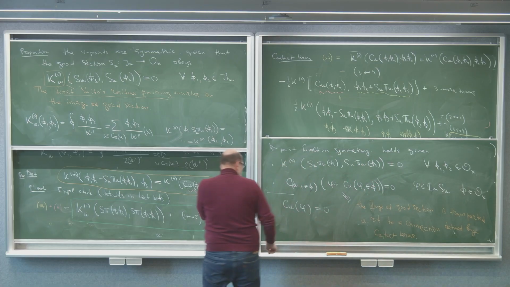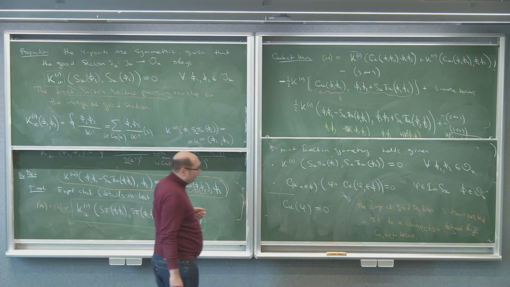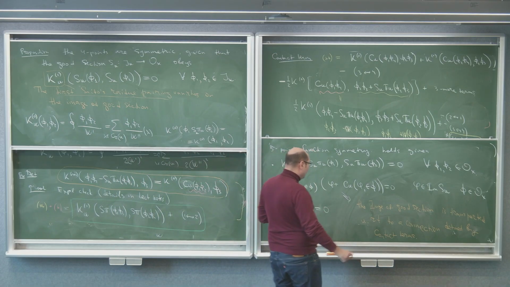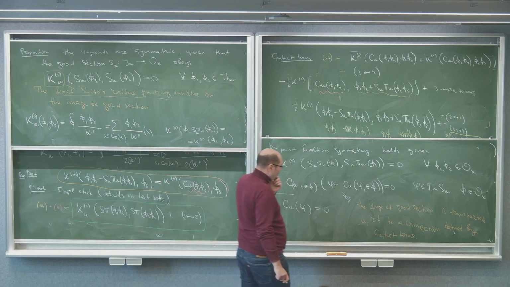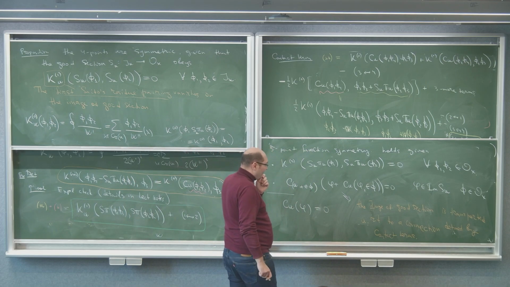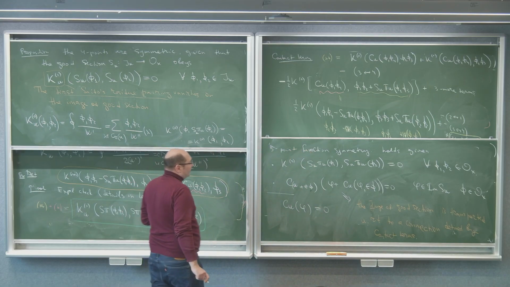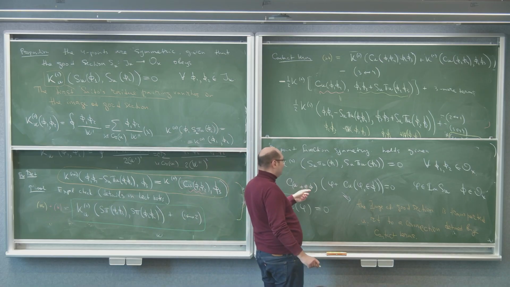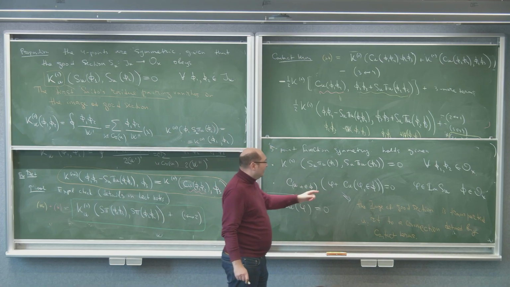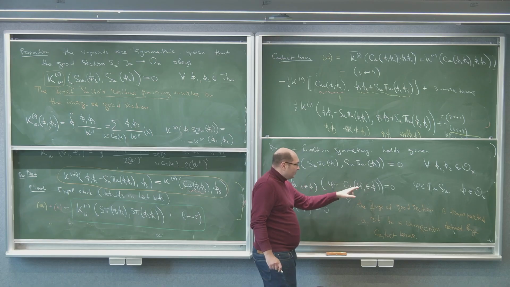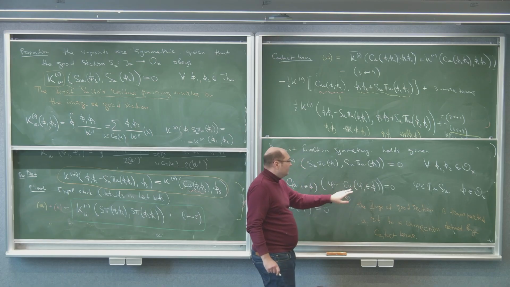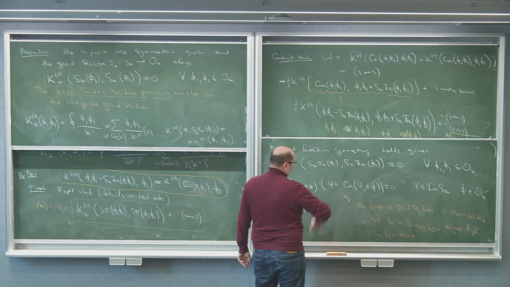That is the formulation of this condition in the language of good sections in Kyoji Saito's theory: we need to transport the image of a good section if we change the superpotential. If we change the superpotential in the direction of capital phi, then we need to modify our good section by transporting it in the direction of phi with this connection.